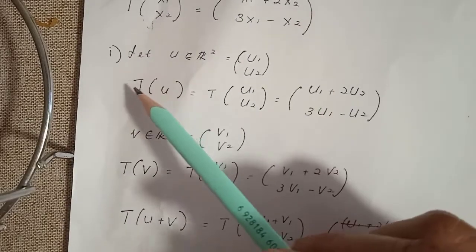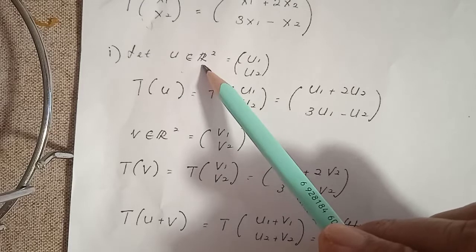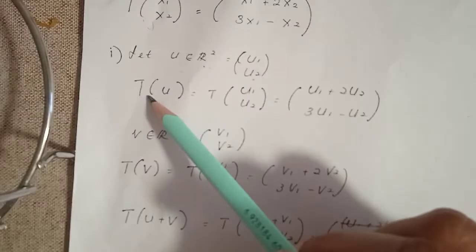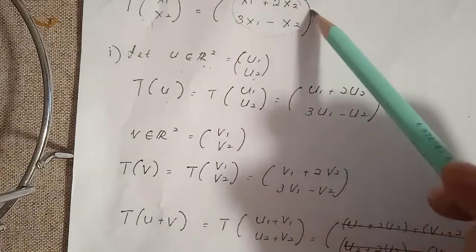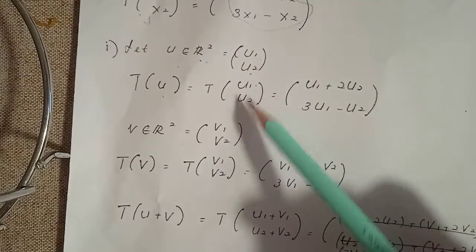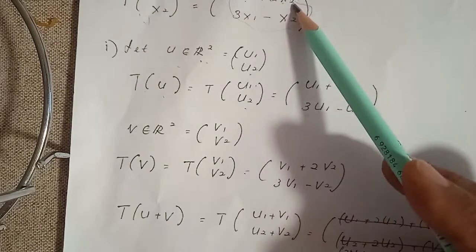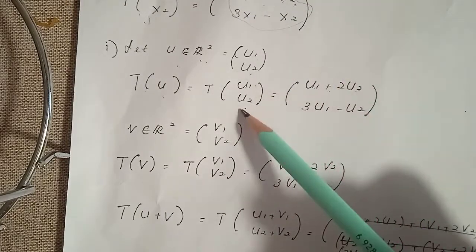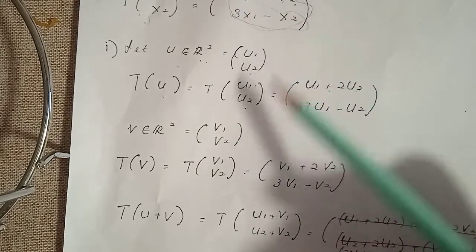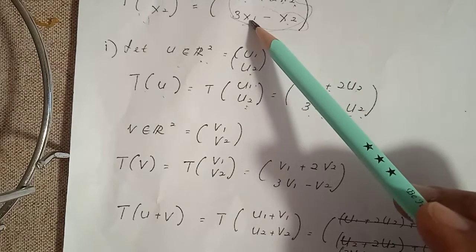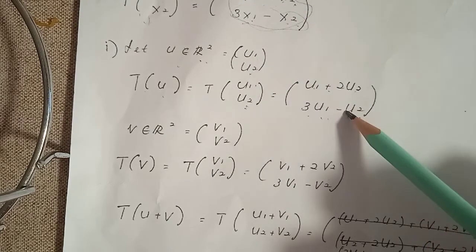For the solution, let U be an element in R2, U1, U2. So T of U using this formula, T of U1, U2, is assigned to U1 plus 2U2, and the second component is assigned to 3U1 minus U2, where X1 is U1 and X2 is U2.